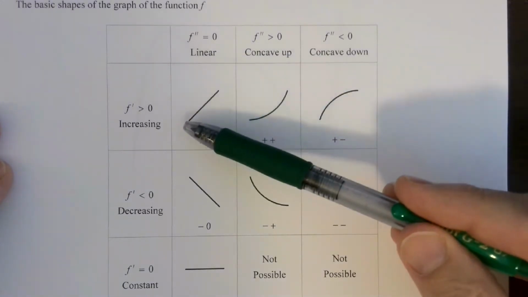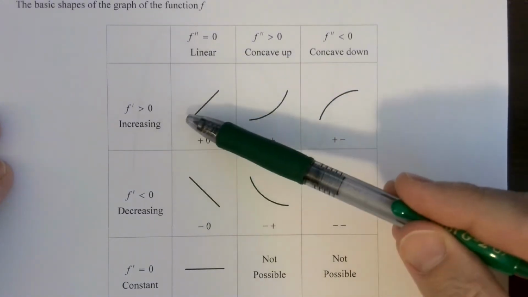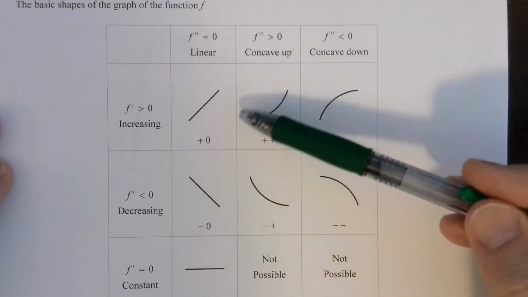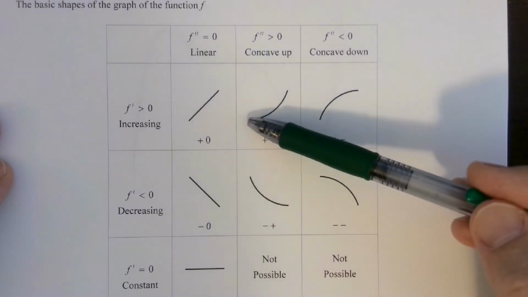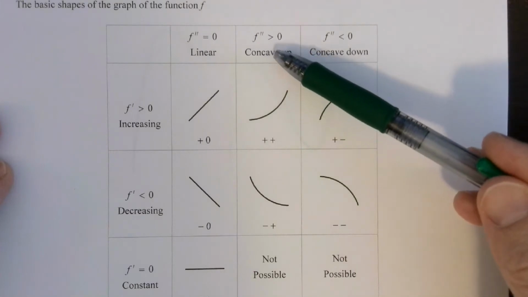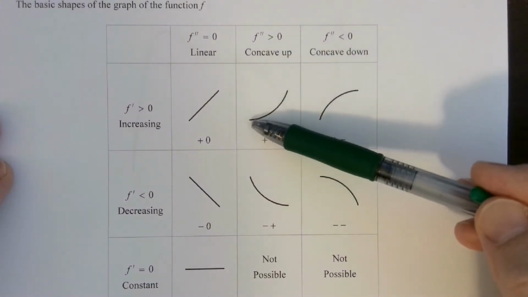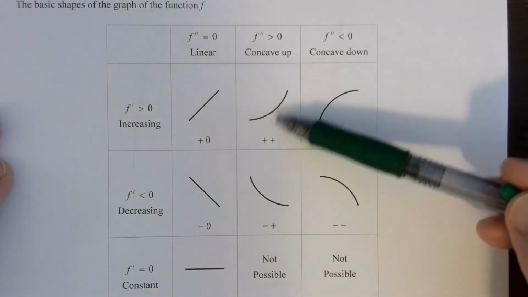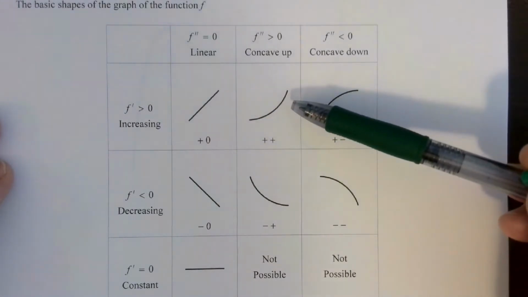You can see in this case the function is increasing, but it is linear because the second derivative is 0. Here we have increasing, but since the second derivative is positive, it's concave up, which means the derivative is increasing.